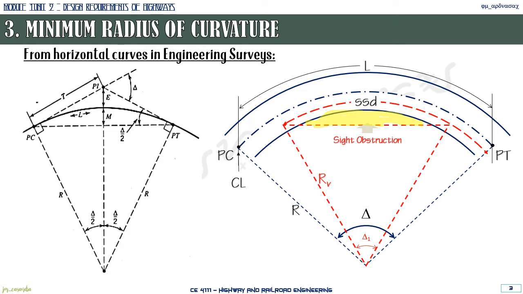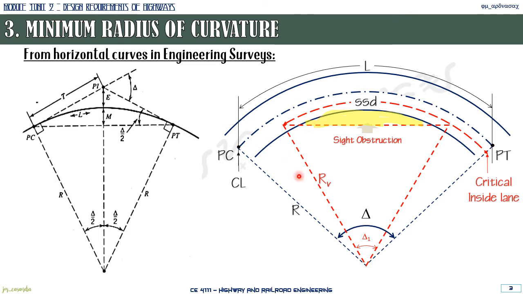So your SSD now, this SSD will lie along the center line of the inner lane, which is what we call your critical inside lane. Critical since the vehicles passing through this inside lane will be more vulnerable to the obstruction which is inside the radius or inside the curve.